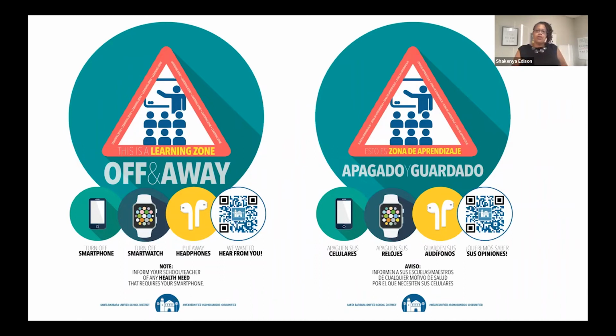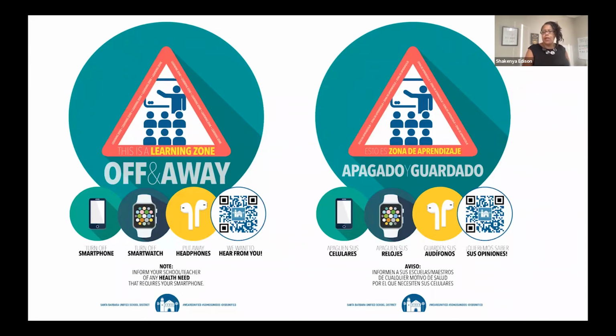So we do want to make sure this process is fair and that we have a balanced voice. And so we'll extend and have that survey available for the remainder of the month. I do want you to know there is an exception. If students require their cell phones for health reasons, there is an exception for having access to their phones.